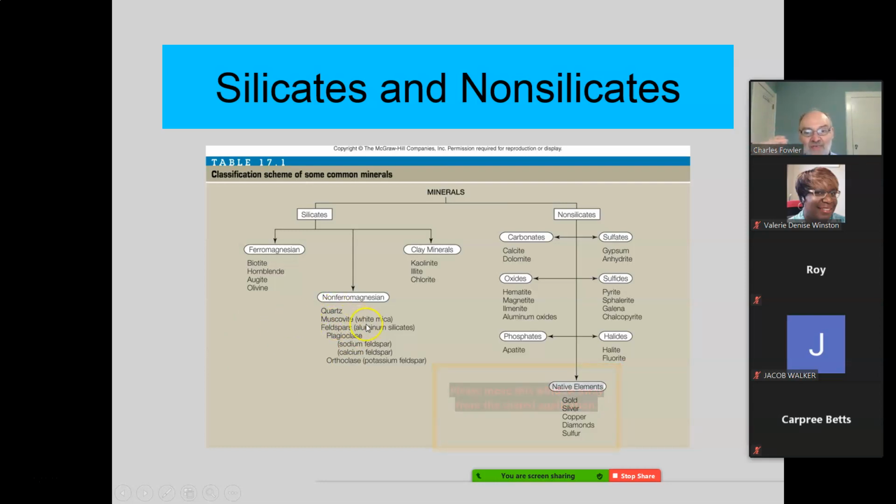Muscovite is also the name of white mica. These are the ones that have that high potassium content, where the potassium ion is stuck in between the aluminate on top and the silicate on the bottom, or vice versa. That's muscovite or white mica. Then your feldspars, these are aluminum silicates.